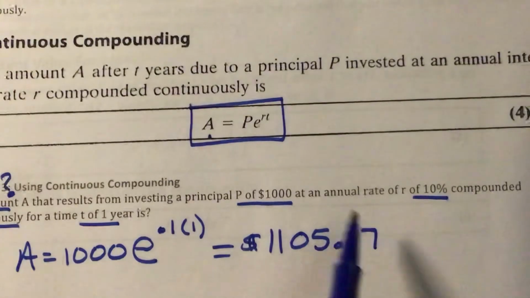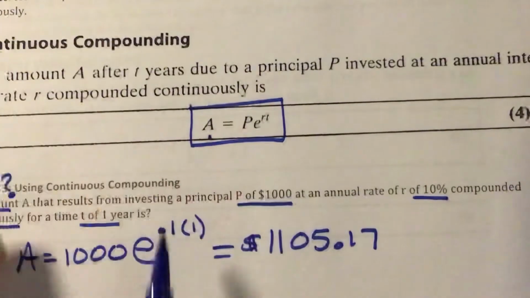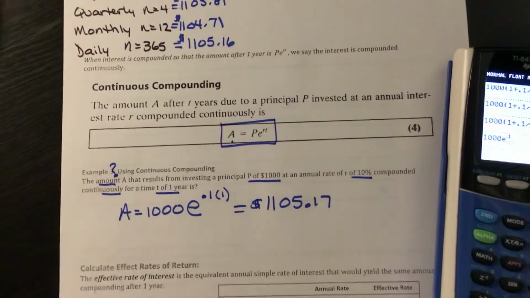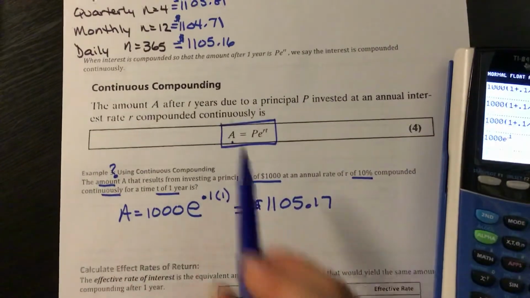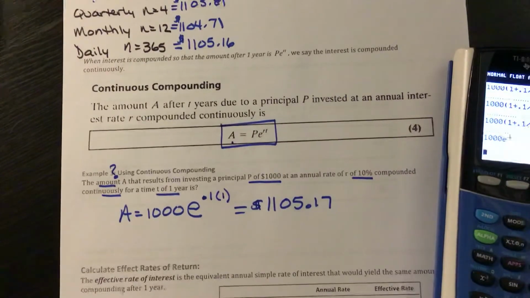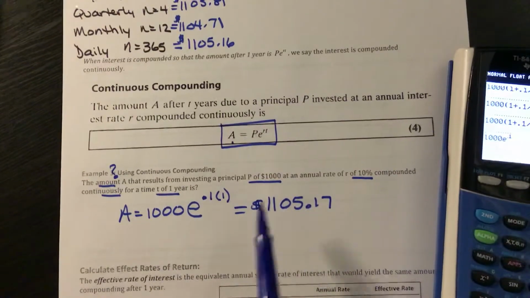Okay, so I just kind of want to show you that compounding continuously is very close to a daily compounding value. It's just a penny away for this amount of money. Now, if we're talking $100,000 or $1 million, there would be a greater difference here.